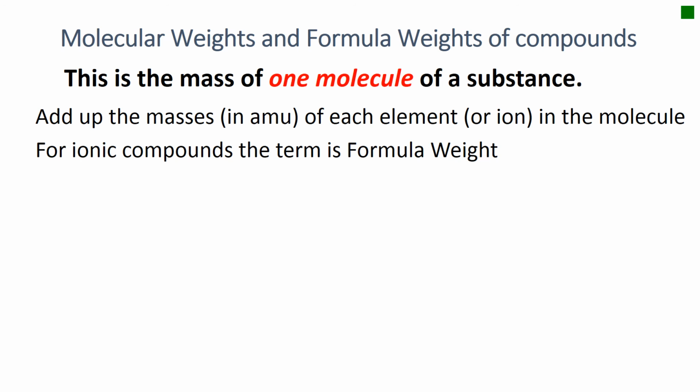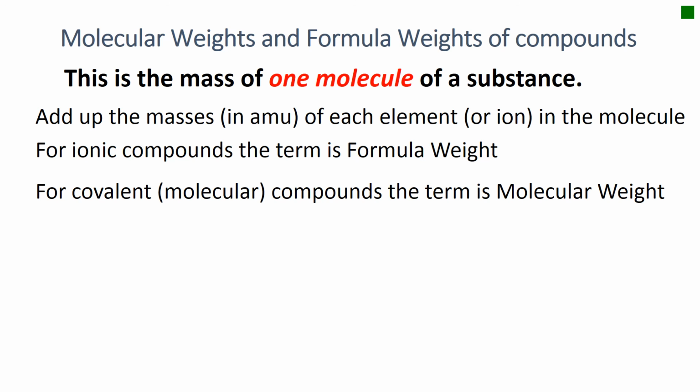For ionic compounds, people who are very technical use the words formula weight instead of molecular weight, and for covalent compounds, the term is molecular weight. We're going to be a little lazy and go back and forth with it. I just want to give you the official terms. Molecular weight is commonly used. Very common. The engineers use formula weight and molecular weight.